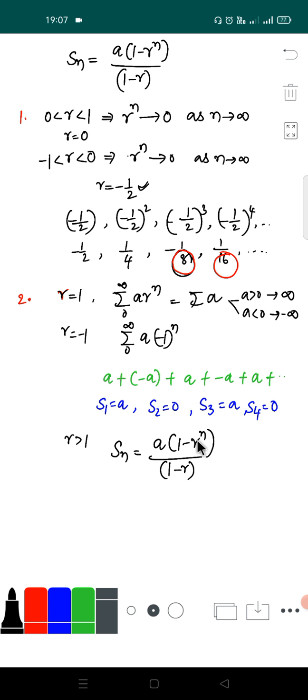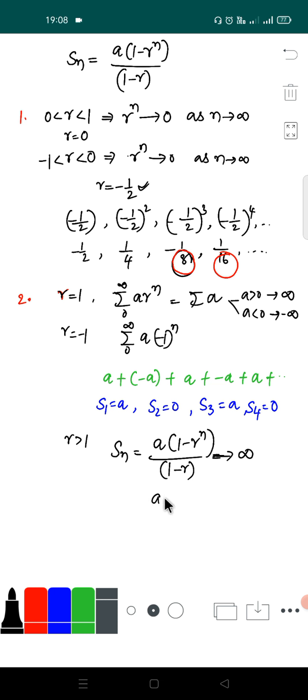If we continuously raise its power along the integers 1, 2, 3 and so on, this value keeps growing, so it tends to infinity.